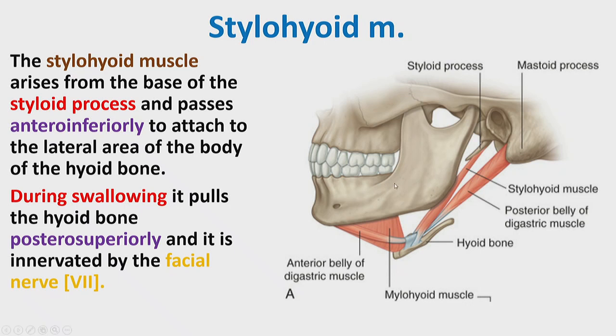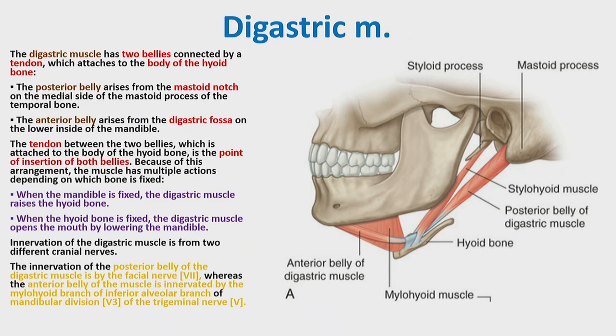Stylohyoid, we said it's coming from the styloid process to the hyoid, elevating the body of the hyoid bone during swallowing and pulling posteriorly and superiorly, innervated by facial. The digastric muscle has two bellies, the anterior and posterior.